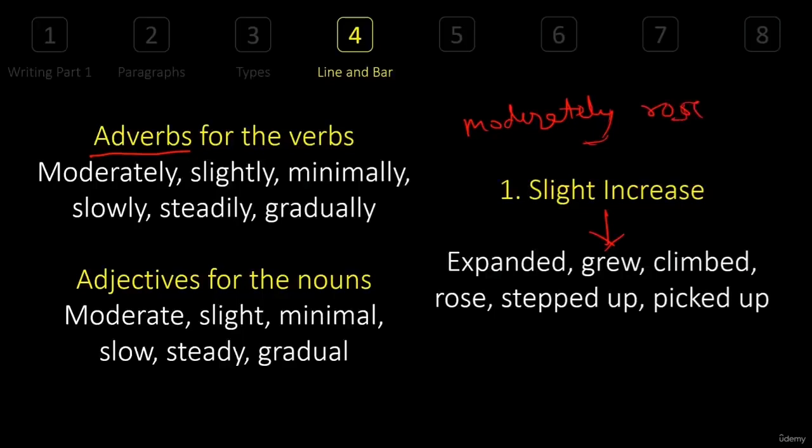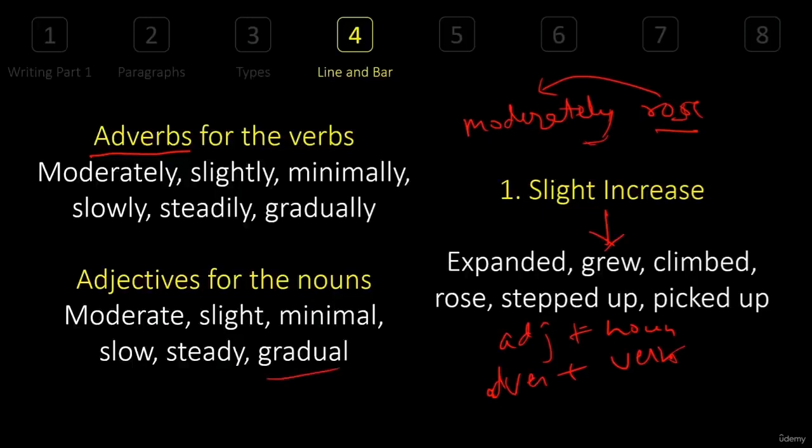So this is what we have as a verb, and to enhance the verb we always use adverbs. What if we use an adjective? Then we have to change the word to a noun. Adjectives always describe a noun. So adjective plus noun, adverbs plus verbs.